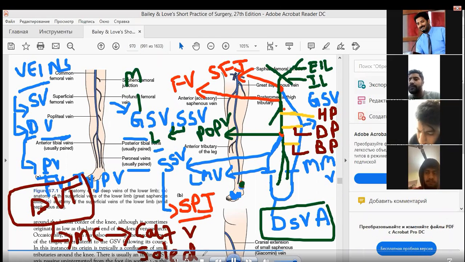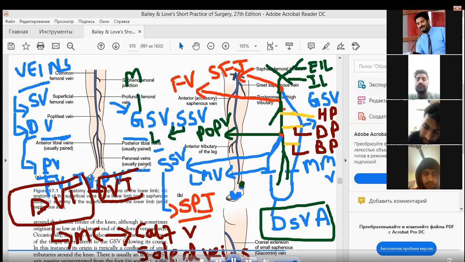These veins are where deep vein thrombosis forms. And in deep vein thrombosis, you must remember the Virchow triad. And what is the Virchow triad? Three things are present in it.